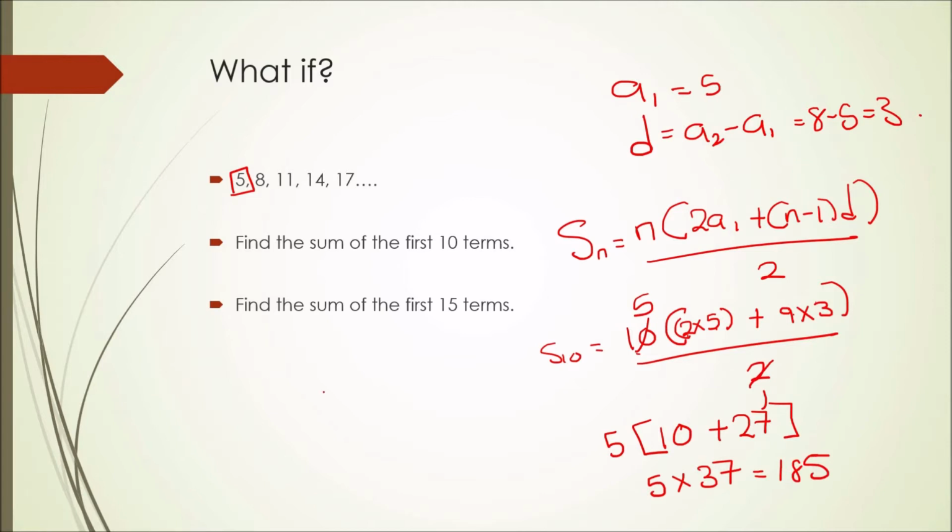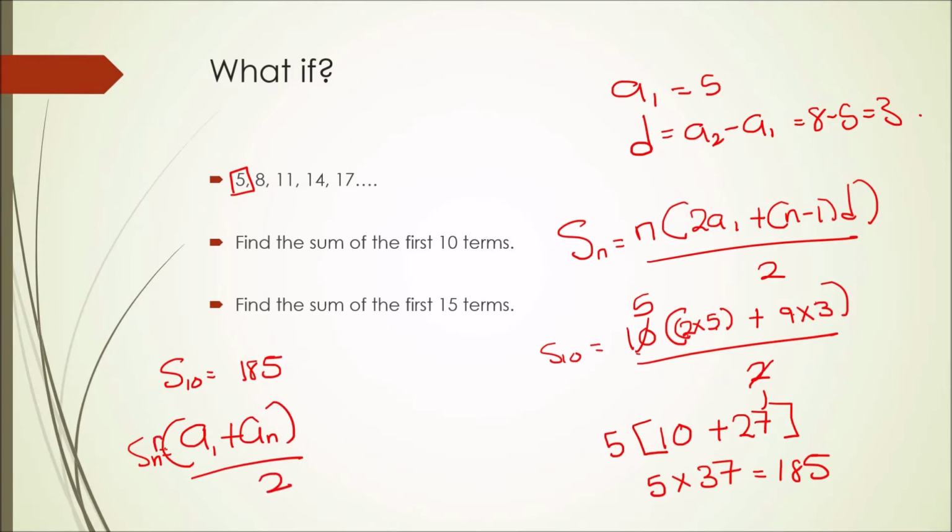So 5 times 37 should give us 185. So the sum of the first 10 terms, S10 will be 185. So let's say we want to use this particular formula, Sn equals n times A1 plus An over 2.